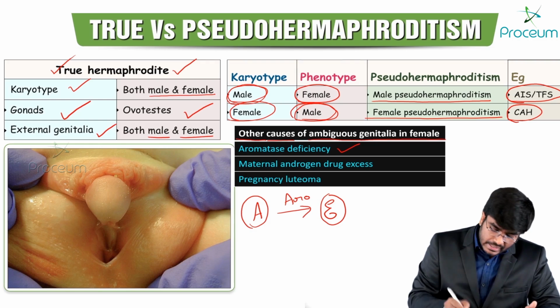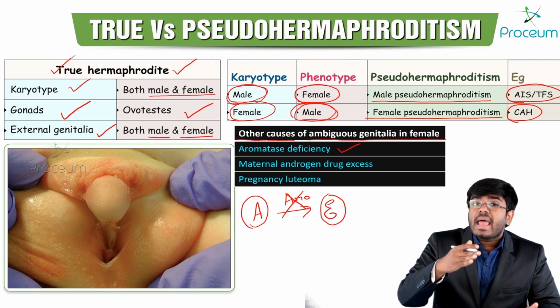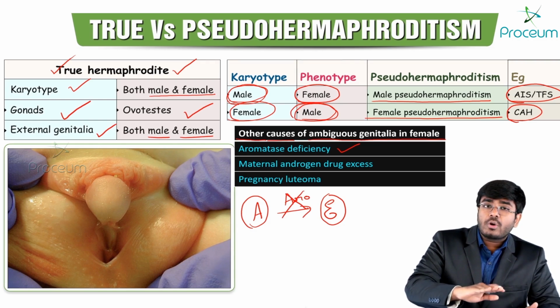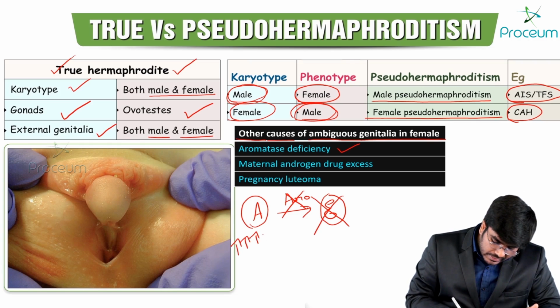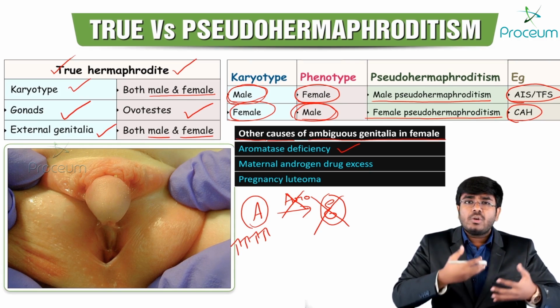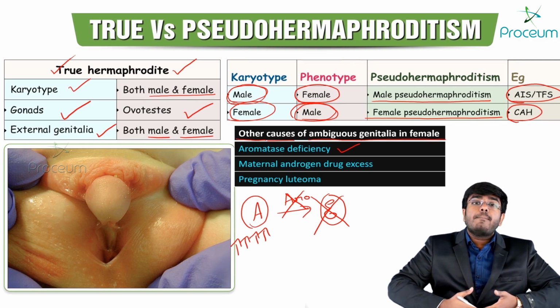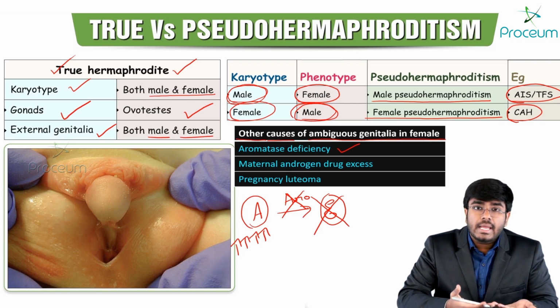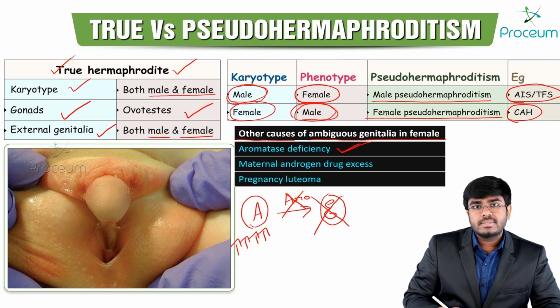If in a female this aromatase is not there, it means peripheral aromatization, the conversion of androgens into estrogens, is not happening. So there are no estrogens, and androgens will accumulate in this female body, and these androgens will cause virilization, so that the female will develop male-looking genitalia, ambiguous genitalia. So aromatase deficiency will cause that.